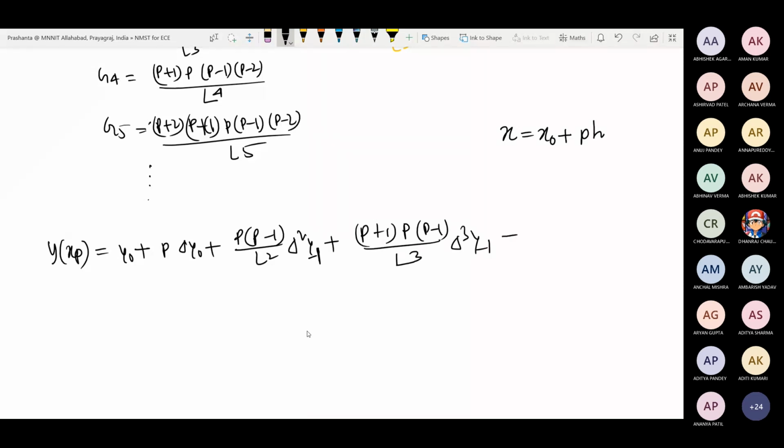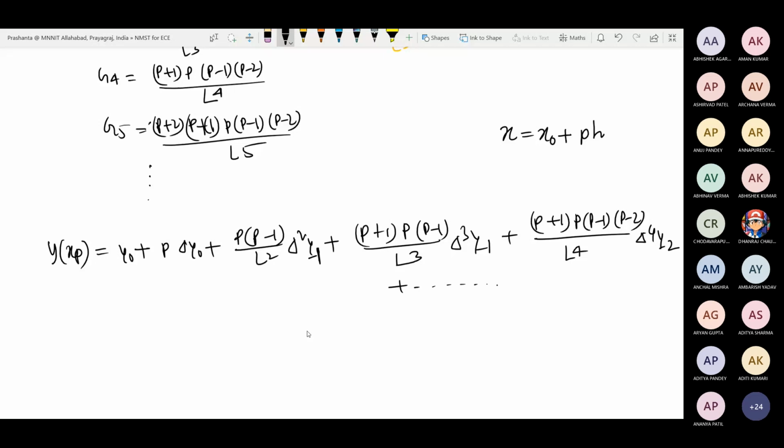Next term is P plus 1 P minus 1 P minus 2 by factorial 4 del 4 Y minus 2, and so on. So this is the formula.